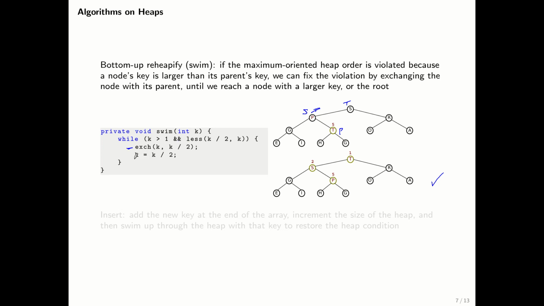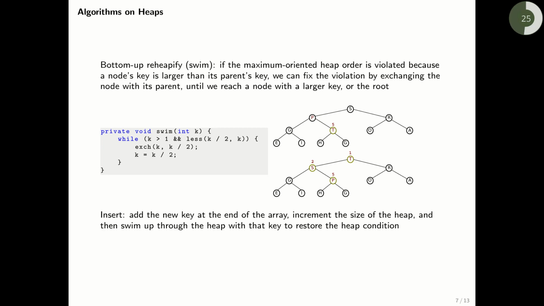Then we traverse upwards, so the new value for k is k divided by 2. Now you're at the level right above, and you repeat this for as long as k is greater than 1, meaning you're not at the root and you're looking at a parent that is smaller than the node itself. Okay, so that's the swim operation.